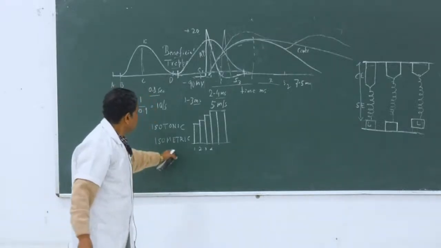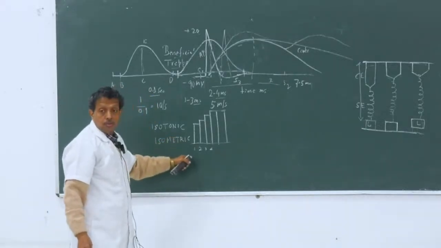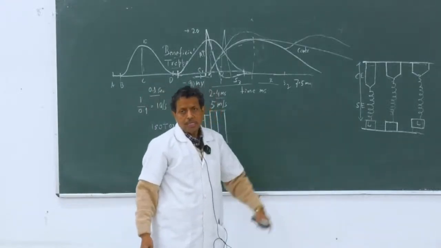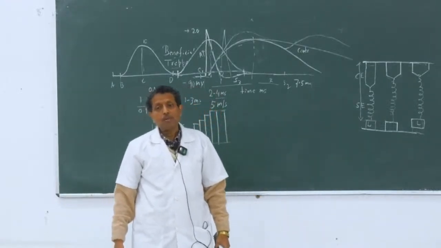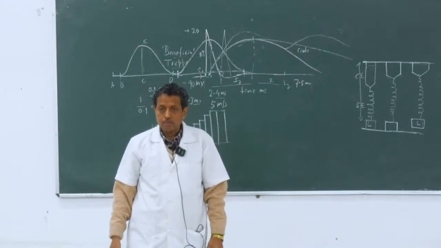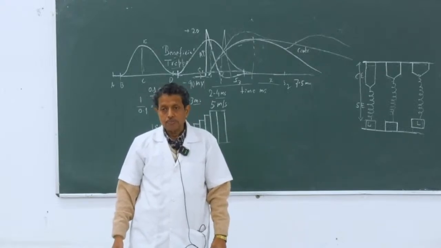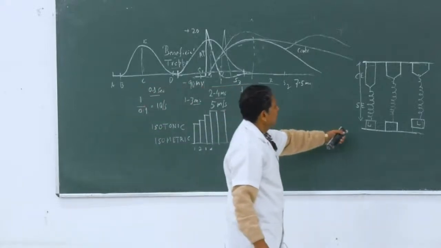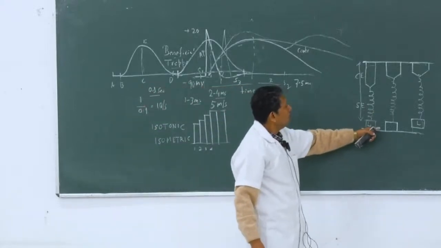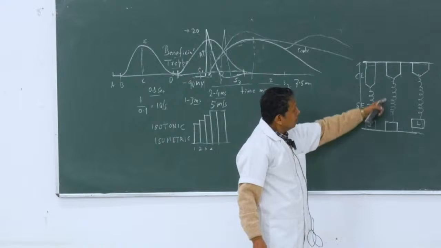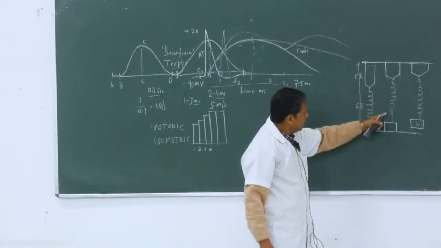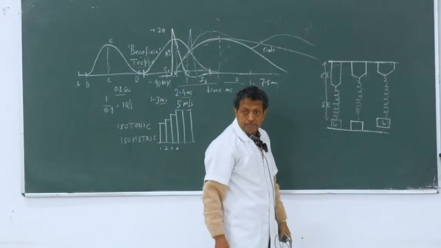And these terms are frequently used, and this type of isometric contraction is also applicable in the cardiovascular system. This figure explains that whenever the load increases to some extent, it is stretching this series elastic element.